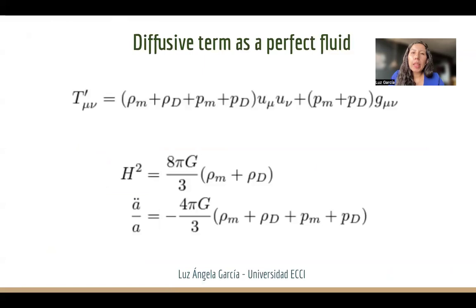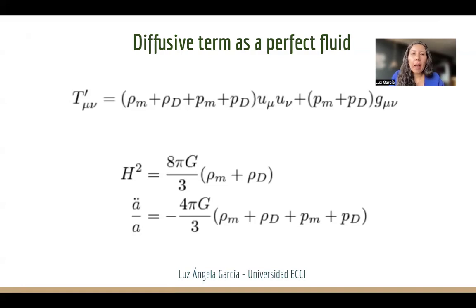But there is also a different way that we can think about this diffusion. In this case, we're going to think about something that is a perfect fluid in which the galaxies are interacting, and also we're going to have a different contribution from the energy tensor.